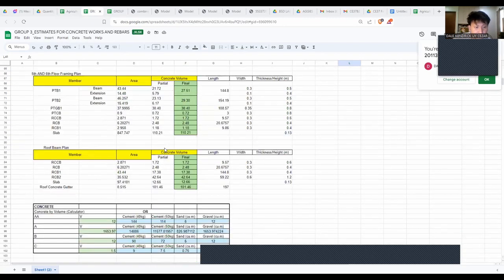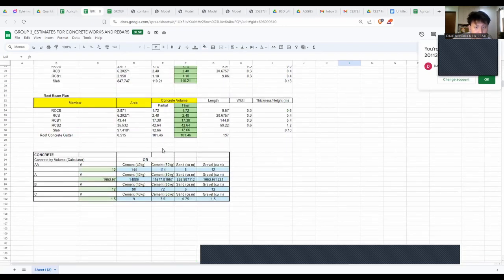So here is the summary. For double A, we need 144 bags of 40 kg, 6 cubic meters of sand, and 12 cubic meters of gravel.